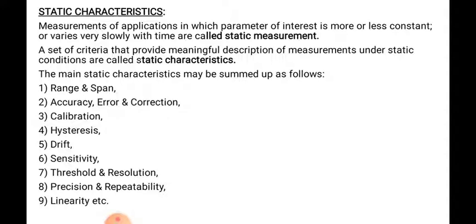That characteristic is nothing but the static measurement. And it is a set of criteria that provides a meaningful description of a measurement under static condition, and that is nothing but the static characteristics.